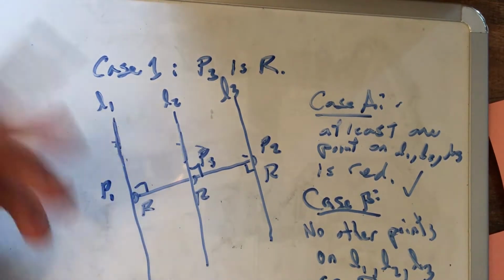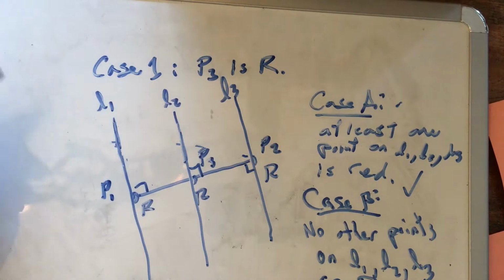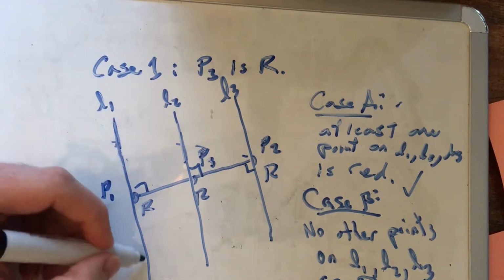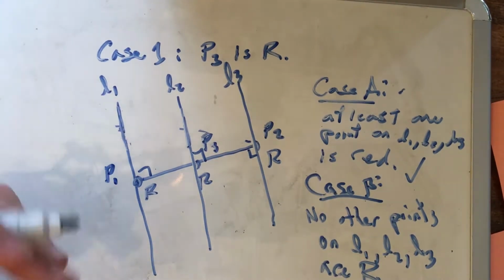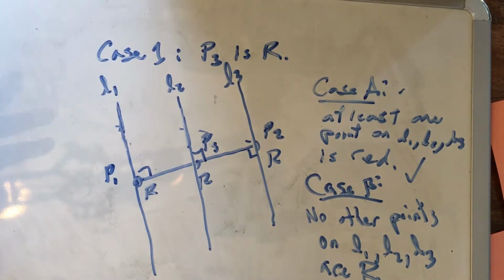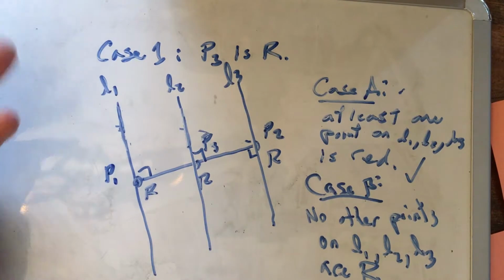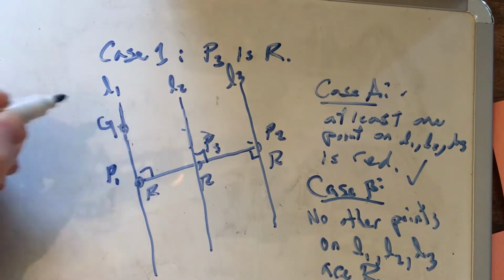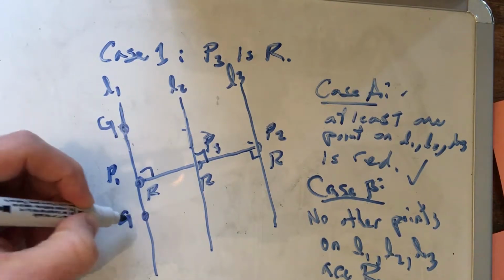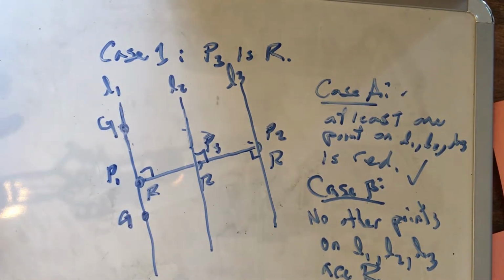Because those are our 3 colors, red, blue, and green. Well, that means that if we take L1, there has to be at least 2 points that have the same color. They could both be green, they could both be blue, but they couldn't be red. So let's assume we have 2 green points.